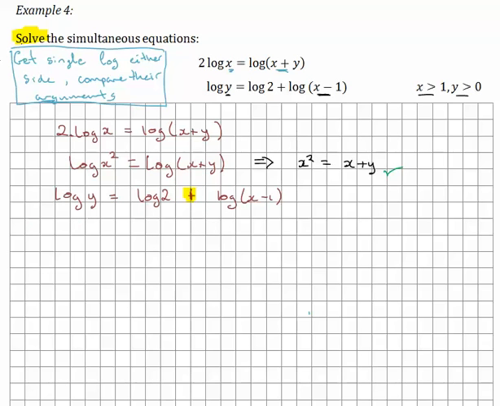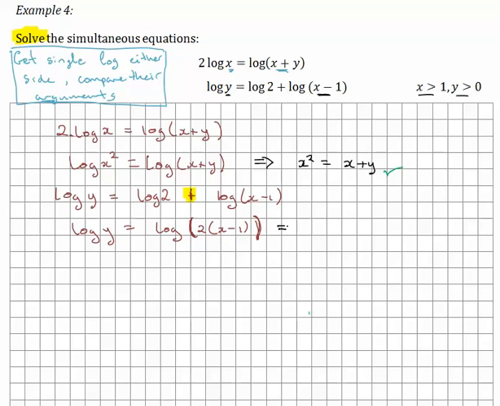They're all logs of the same base. What we can do on the next line is bring those 2 logs together as a single log by multiplying the arguments. So we have a single log on either side. Next step is to compare the arguments.